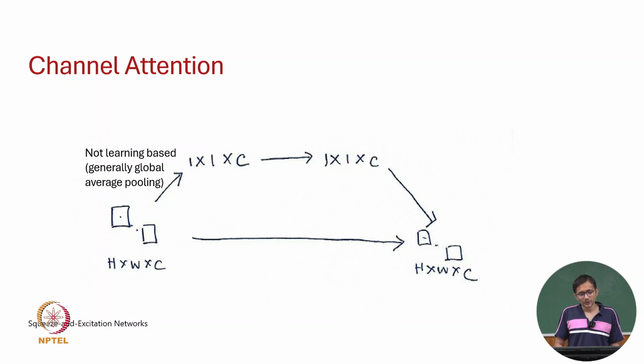And now on top of this, we'll have a step which is learning based, which will finally map to these particular weights which we now want to multiply with our inputs. So here we can have learnable layers, and we are getting again 1 cross 1 cross C, and then we are multiplying with the input to get this H cross W cross C output.